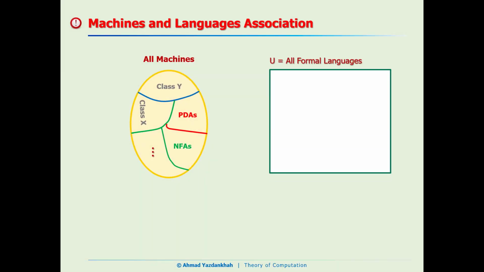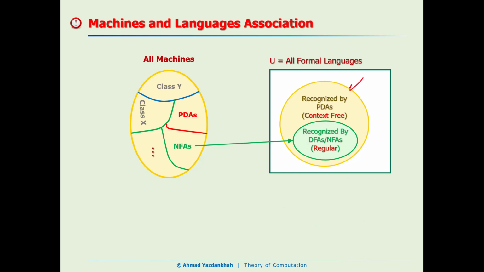Let's review our knowledge and look at the machines and languages association one more time and see what we got so far. We know that NFAs and DFAs just accept this portion of the languages that we call regular languages. And now we learn that PDAs can accept more than that portion that DFAs and NFAs can recognize. Are there any other languages that we cannot understand with the PDAs?